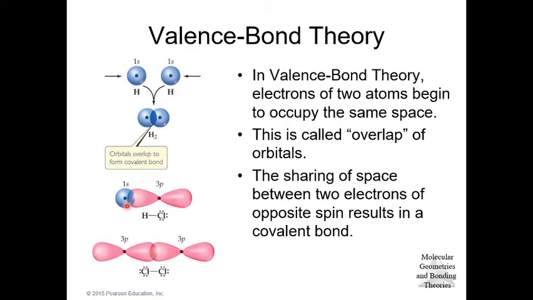Your electron for hydrogen is in a 1s orbital. Your valence electron in chlorine is in a 3p orbital. You get this orbital overlap, there's your bond. Last example, chlorine-chlorine bond, for molecular chlorine. That valence electron is in the 3p orbital, so you get that orbital overlap, there's your bond. That shared space is your bond.